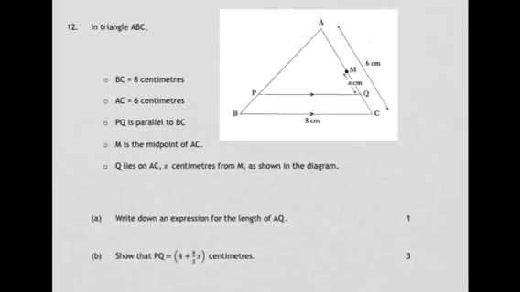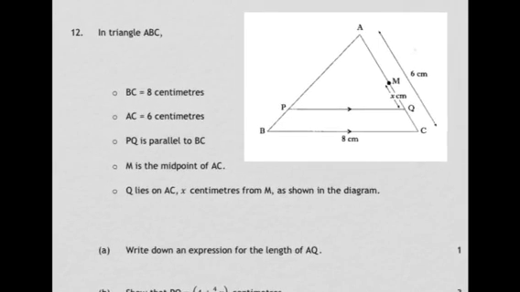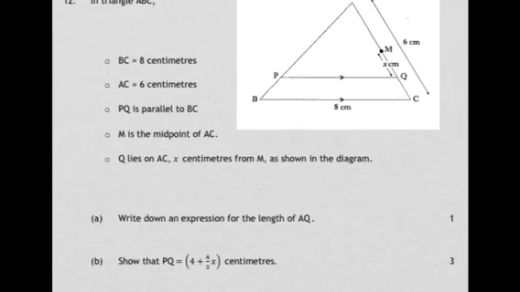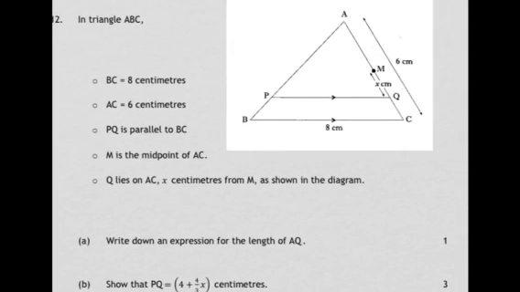And then lastly, number 12. In the triangle ABC, it gives you the various sizes, BC is 8, and so on. First question, write down an expression for the length of AQ. Okay, now because M is the midpoint, that means that this size here is 3 and this part here is 3.